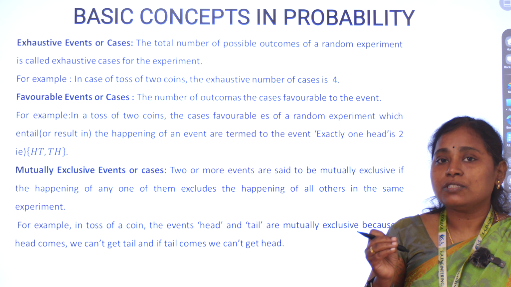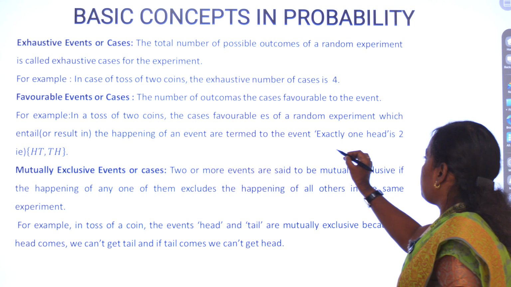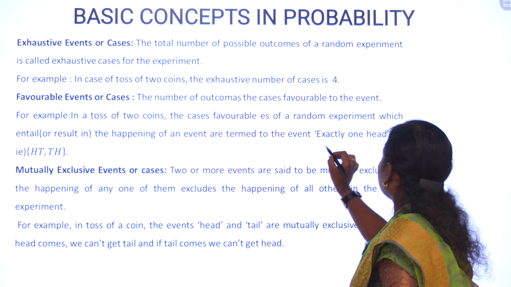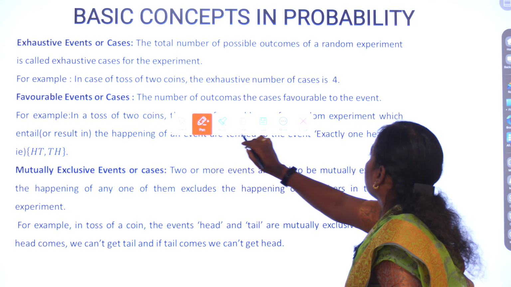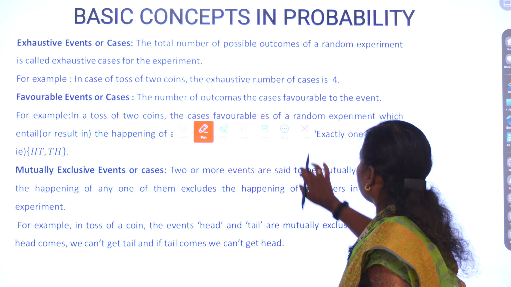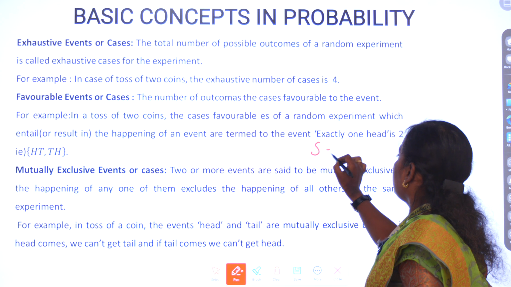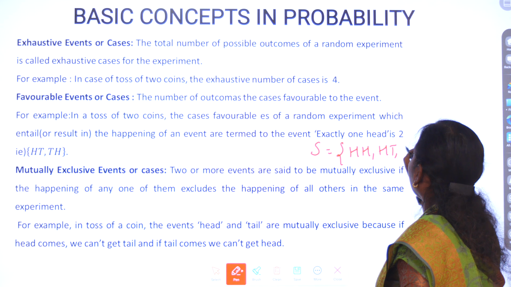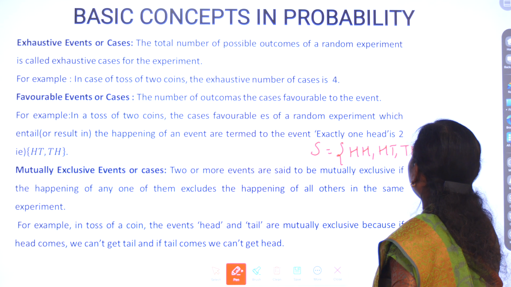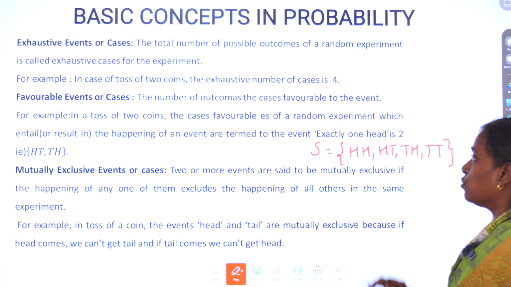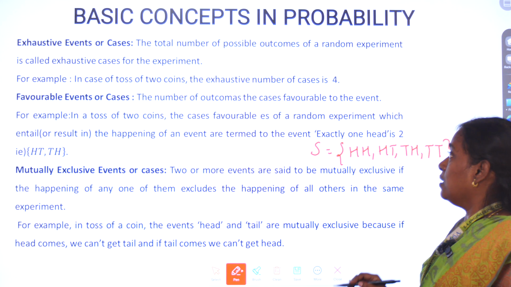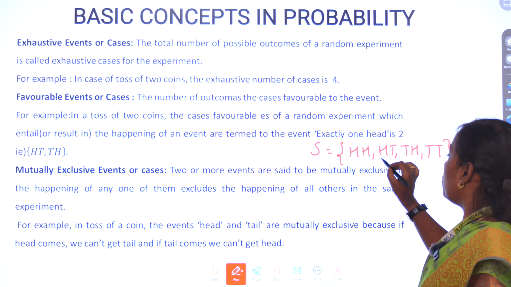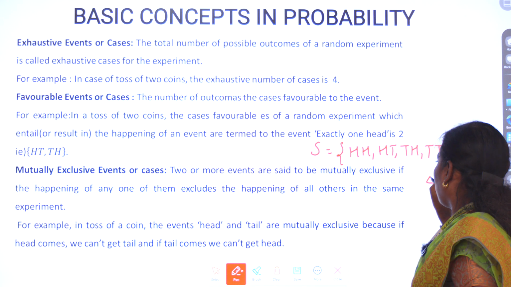Example, if we toss two coins, the sample space S is equal to {HH, HT, TH, TT}. So this is our sample space. In this, the exhaustive number of cases is nothing but 4.